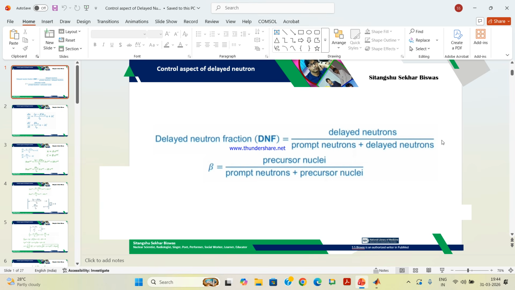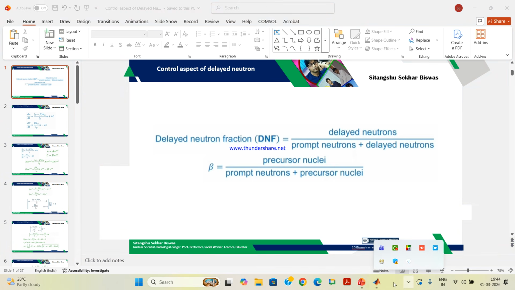I have shown a typical calculation. So for any kind of fission reactor, if you understand that concept, you will be able to do it on your own.